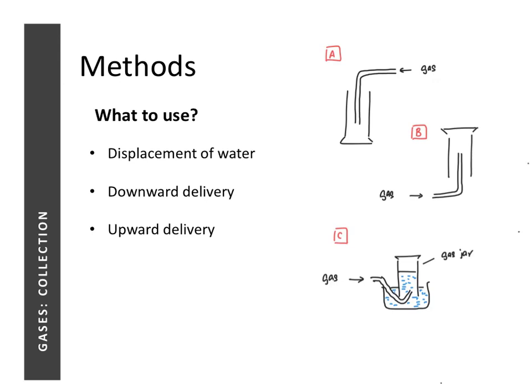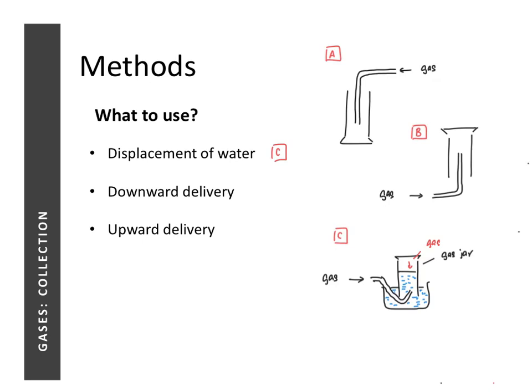I hope that you can see that displacement of water is actually your setup C. What happens is that when the gas enters the delivery tube, it will displace the water in the glass jar. So your gas will be collected over here. In some textbooks, they call it the downward displacement of water.